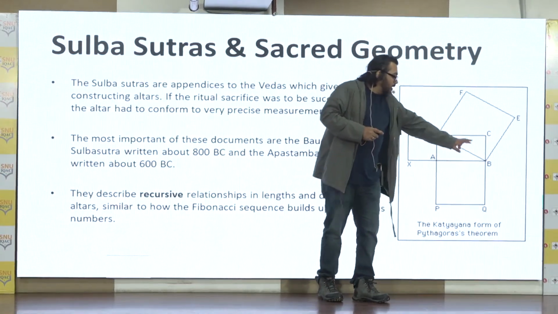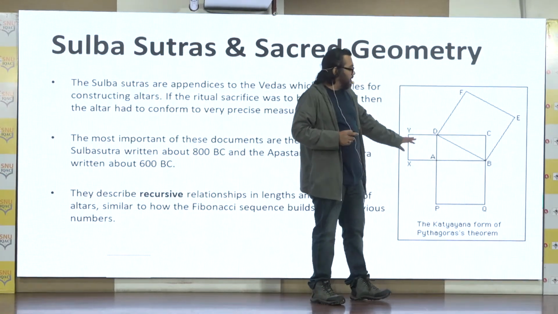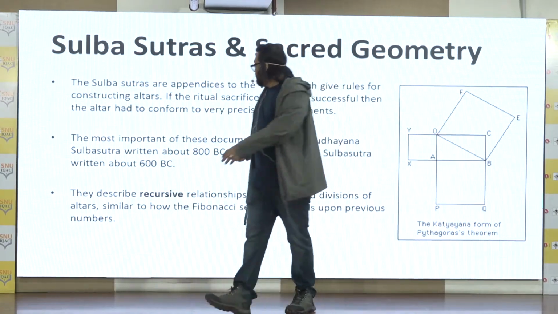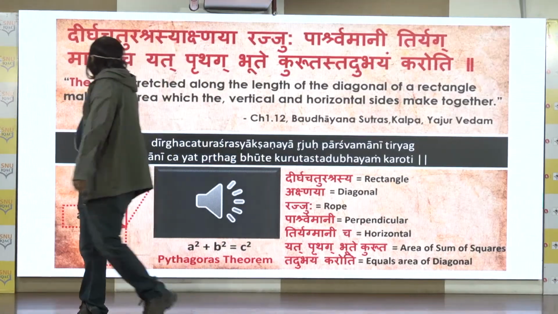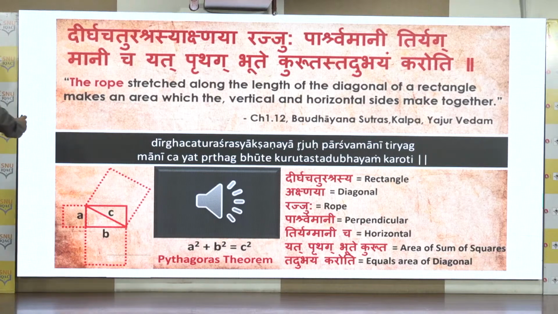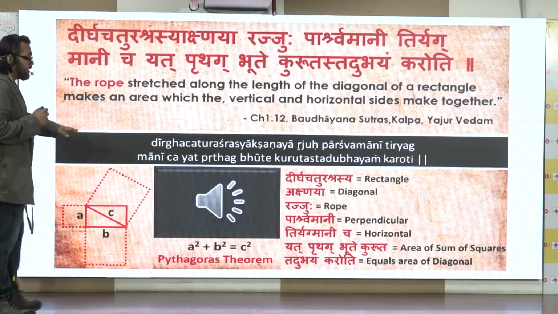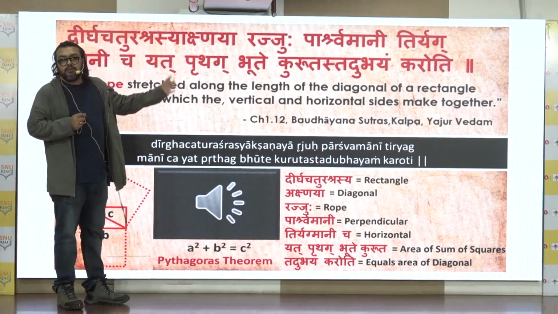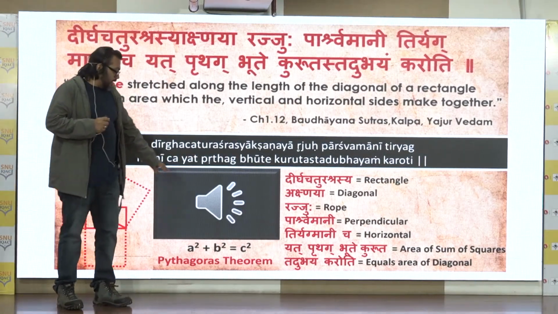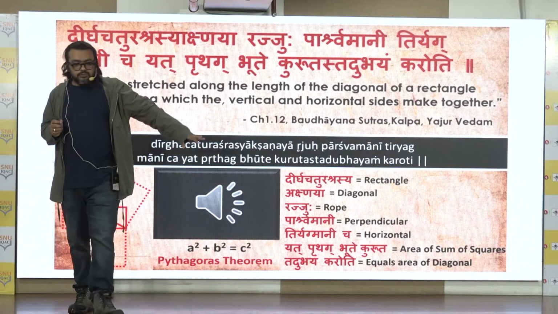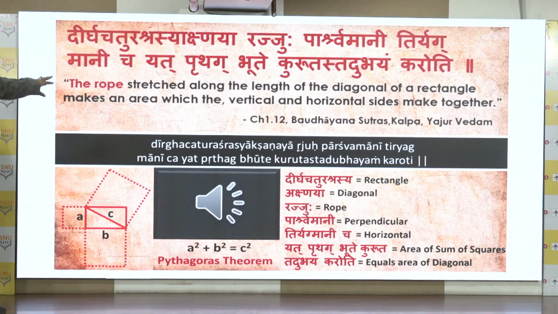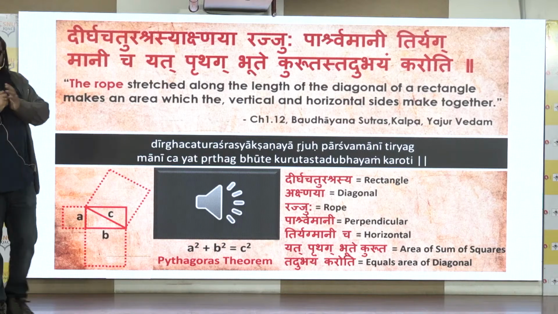They have created a measurement where they can measure the area of rectangles, which is directly connected with the Pythagoras system, which has been proven way later. So a square plus b square is equal to c square. That whole formula has been given with this sutra.